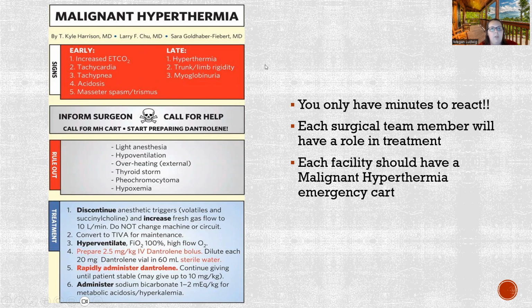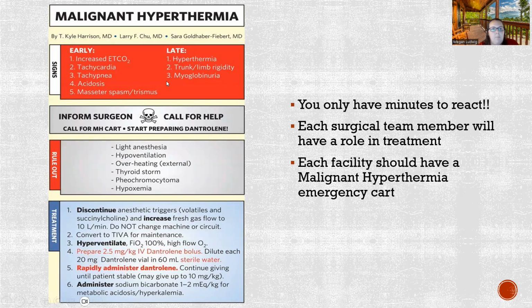So hyperthermia is an increase in temperature. The concern here is that the body temperature can get anywhere from, your normal temperature is 98.6 degrees Fahrenheit, right? This can shoot up to 105, 106, 107 degrees quickly within 10, 15 minutes if it is not treated, which at that point, you're basically melting from the inside.